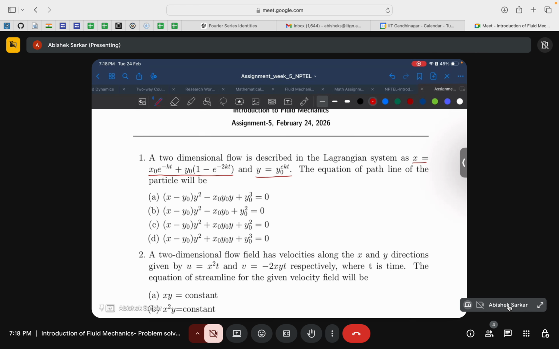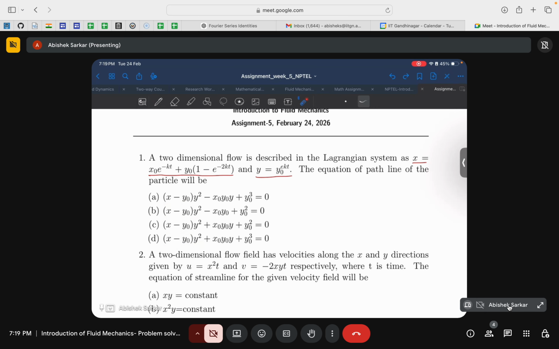Similarly, you can see that in all these options there is no time term, so they have also eliminated the time dependency. That would be your basic goal. My clue for this answer is that there is a similar pattern in all the terms, like this term is constant across all the options.